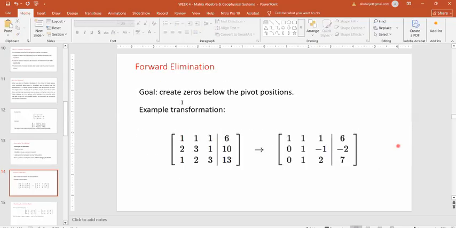So let's see how that works. Go, create zeros below the pivot positions. For instance, look at this expression. You have created zeros here. This is what this means. You have to find a way of creating zeros.